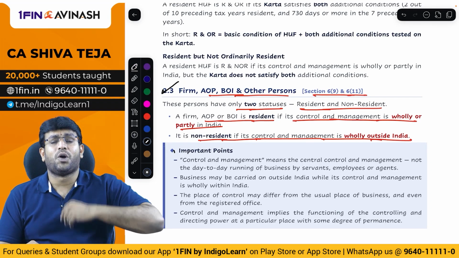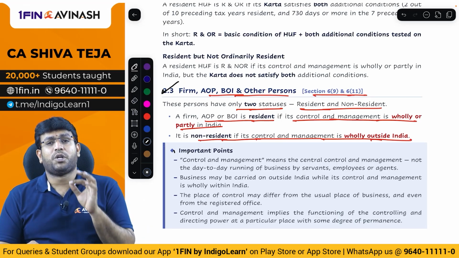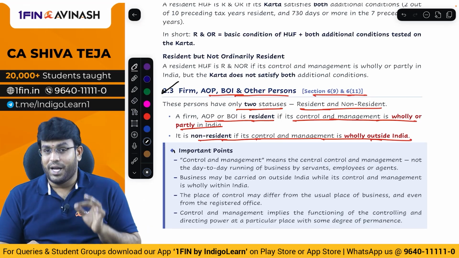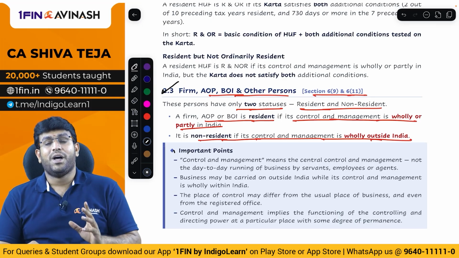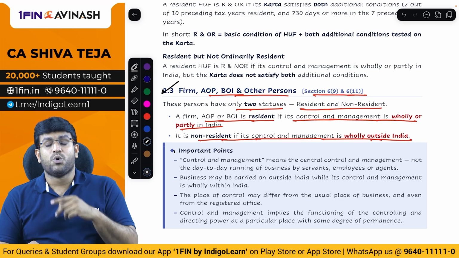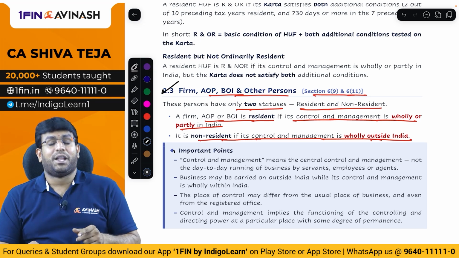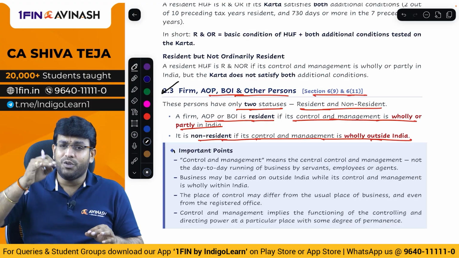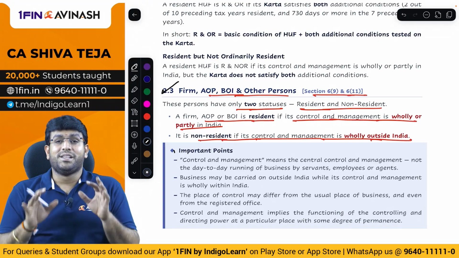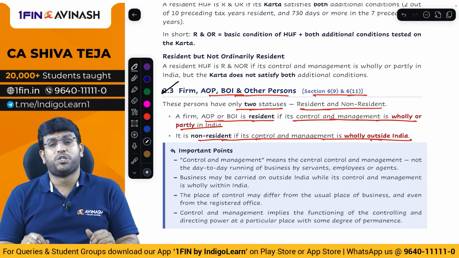There is nothing called ROR, RNOR. The concept of ROR, RNOR is only in case of individual and HUF. Other than individual and HUF, there is no concept of ROR and RNOR. The words ordinarily resident, not ordinarily resident, are there only in case of individual and HUF.